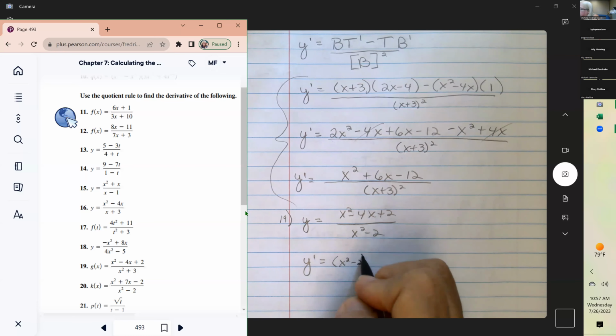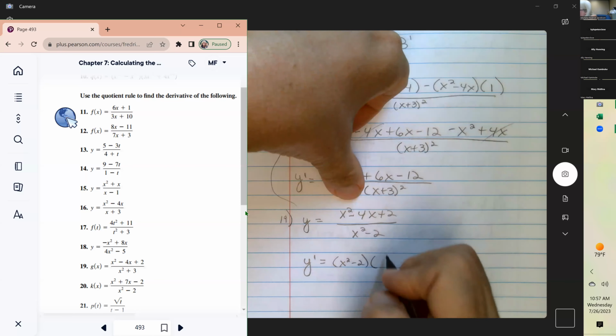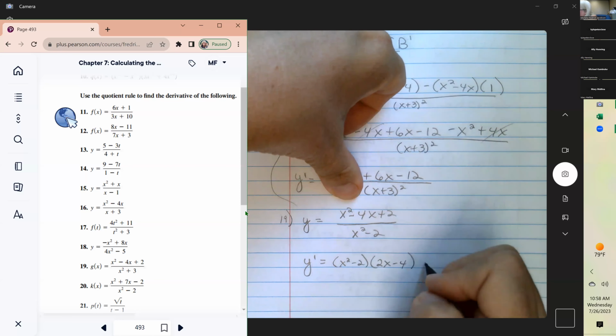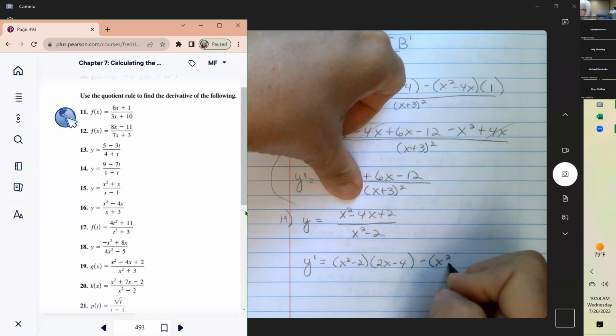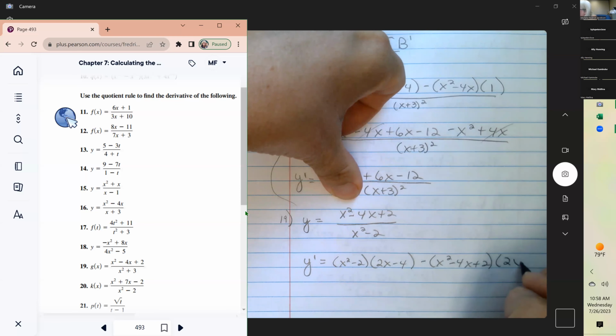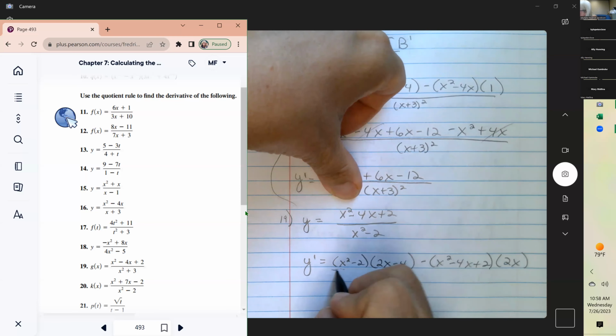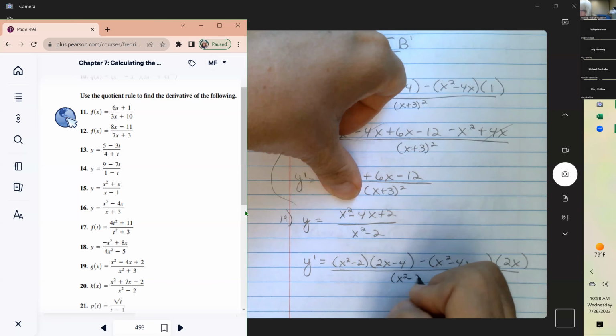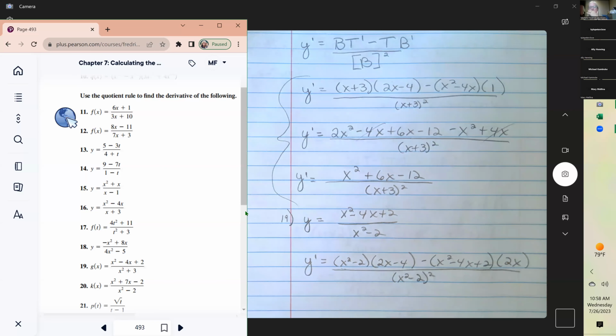Bottom times the derivative of the top, which is 2x minus 4, minus the top times the derivative of the bottom, which is 2x, all over the bottom squared. Any questions?